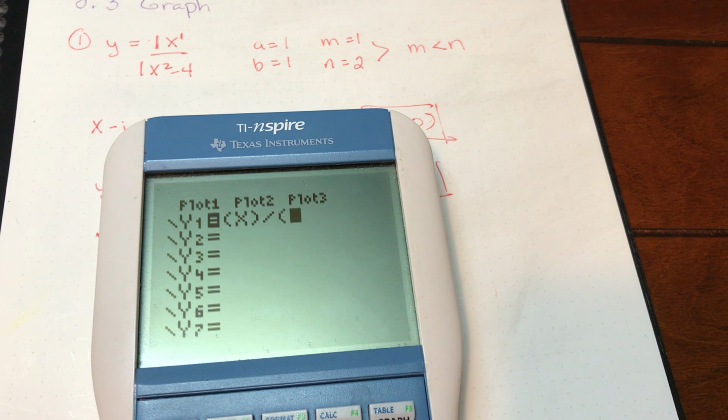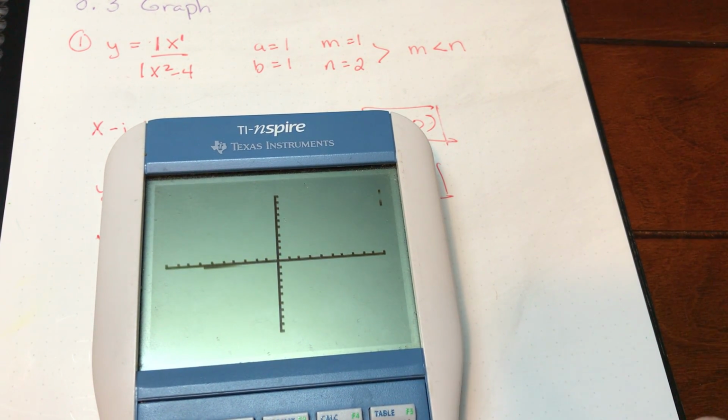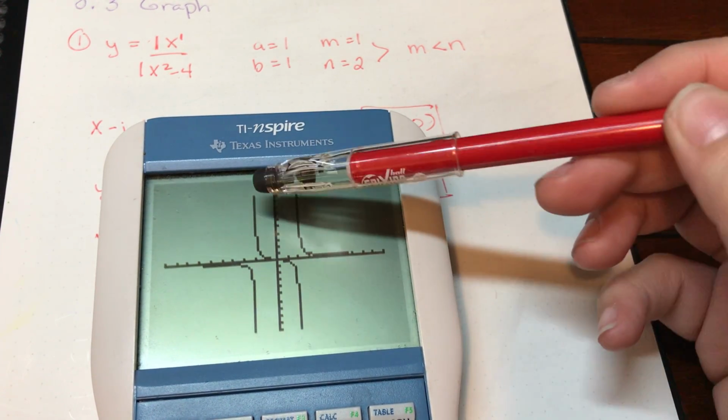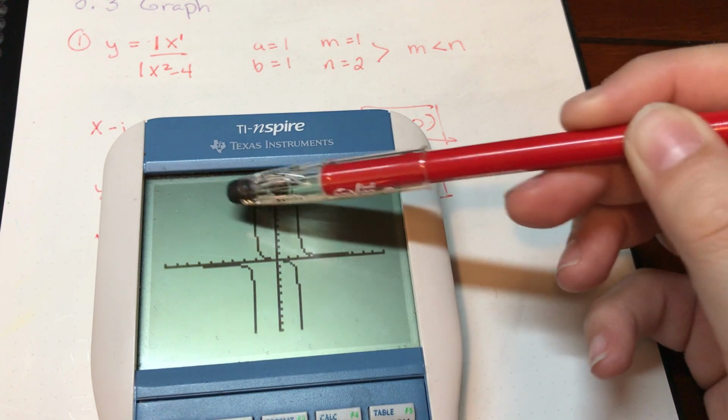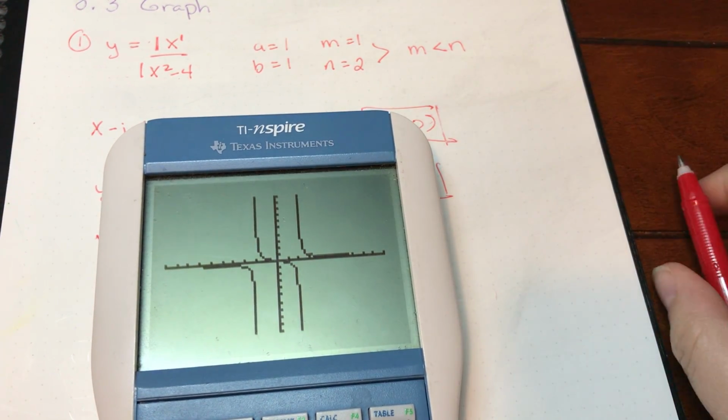Divided by, make sure you're using parentheses on your graphing calculator so that it graphs correctly. And then here's my graph. I have a branch here, a branch here that's kind of this weird shape, and then a branch here.